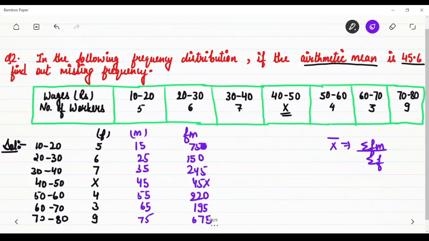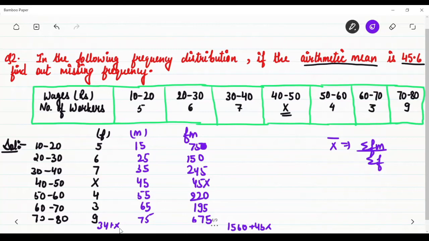When we add all these, the value that we get is 1560. Okay, I'm going to write it down over here. We have 1560 plus 45x, and what is sigma f over here? We have sigma f as 34 plus x.